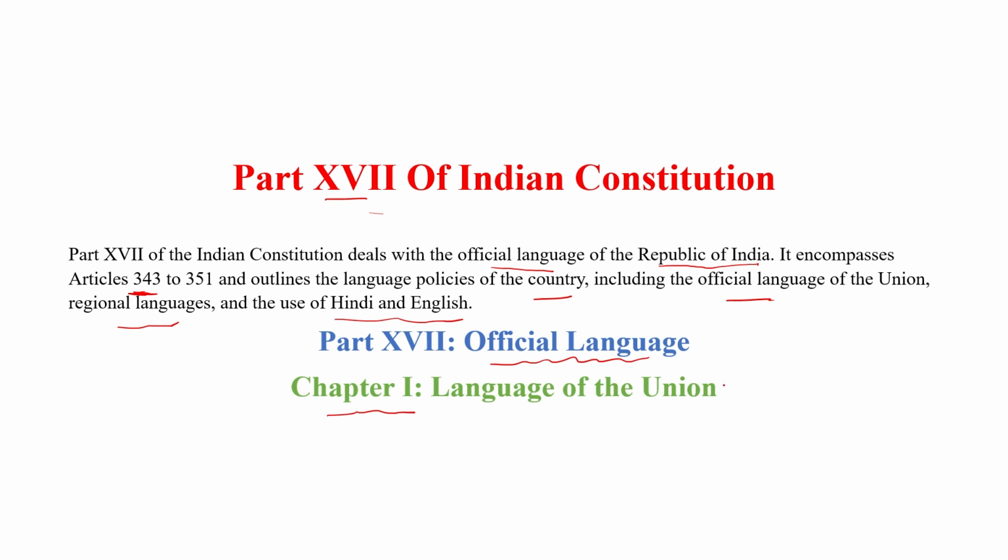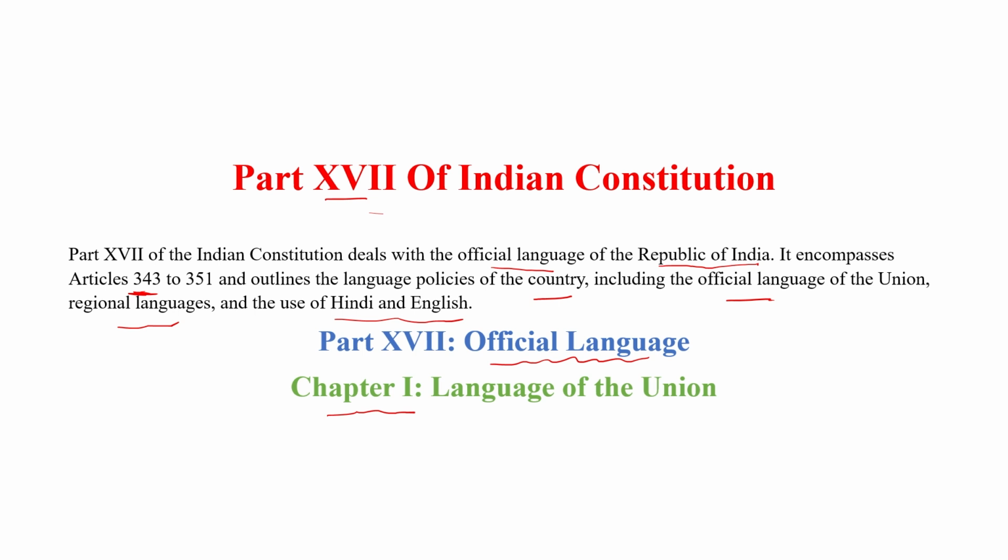Apart from part 17, the official languages of India are also mentioned in Schedule 8 of the Indian Constitution. Schedule 8 says that there are a total of 22 official languages in India.